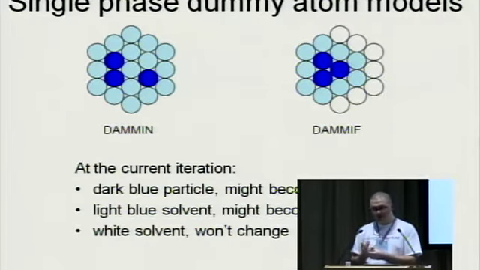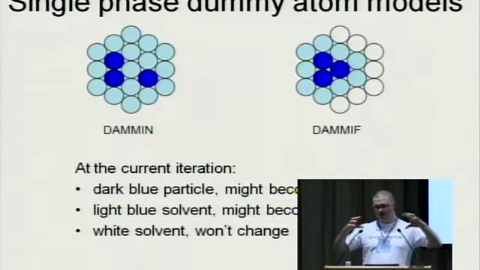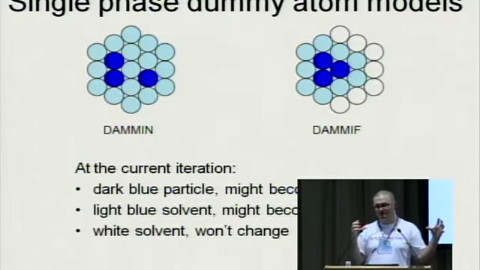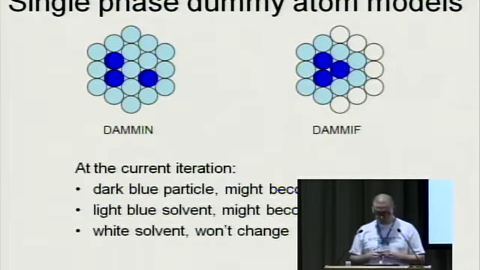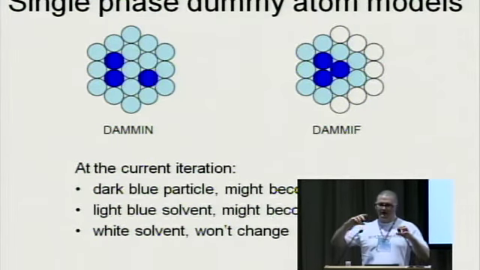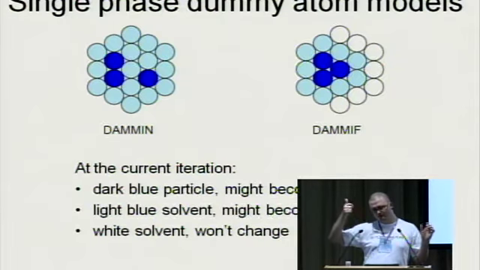So a quick example, here we have a very small search space with just a few beads, and we have a current model in blue for Damin. At each iteration step, Damin may change each dark blue bead to the solvent, and each light blue bead to the buffer.